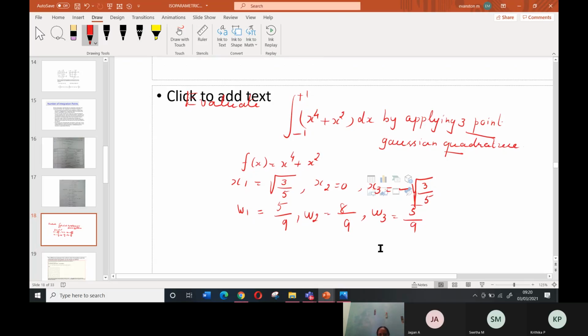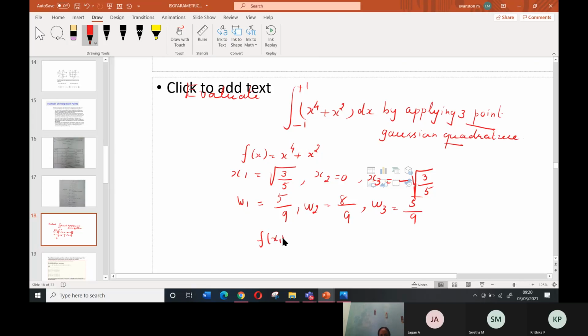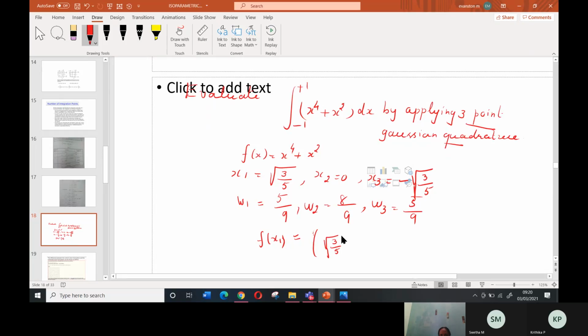So find f of x1. f of x1 is equal to, x1 is square root of 3 by 5, so square root of 3 by 5 whole power 4 plus x1 square, which is square root of 3 by 5 squared.